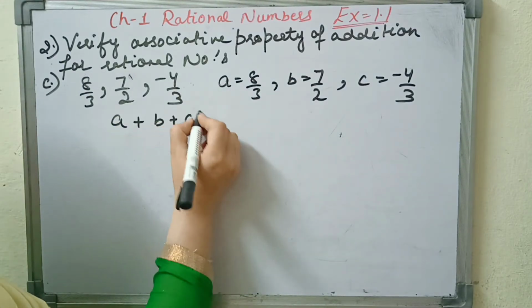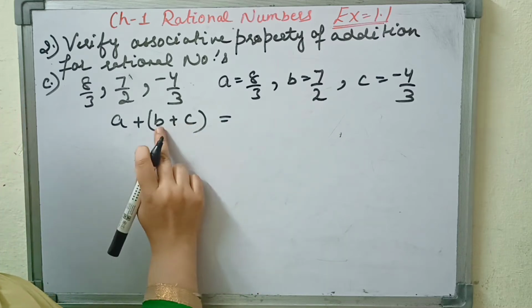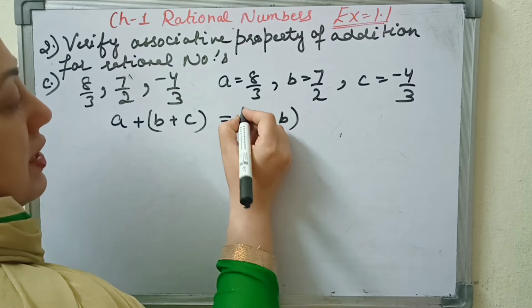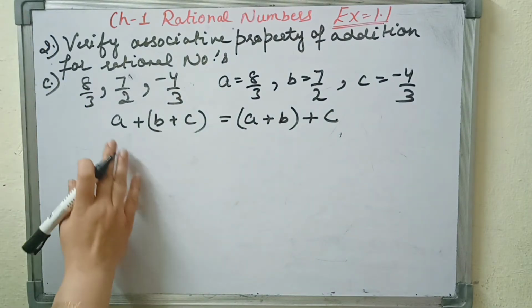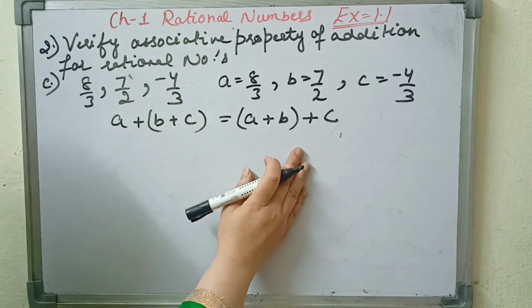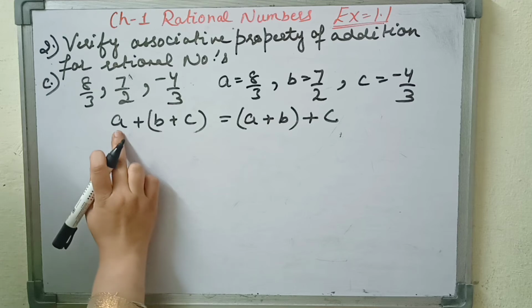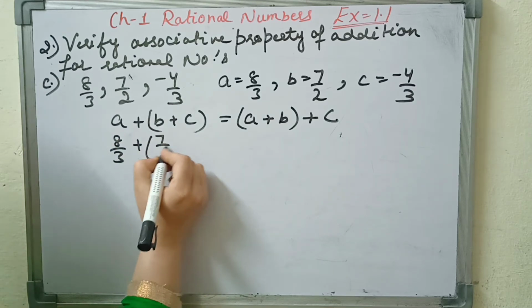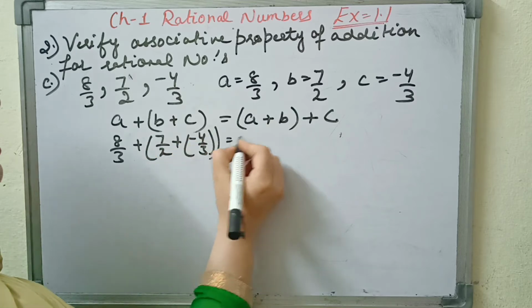According to the associative property, A plus (B plus C), with the bracket on the second and third terms, equals, on the right hand side, (A plus B) plus C, with A plus B in one bracket and C outside. Now we simply put in the values and see whether the results on the left and right hand sides are the same. Now I put A as 8/3, B as 7/2 plus -4/3.